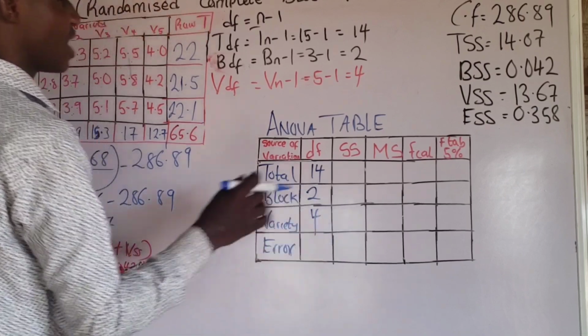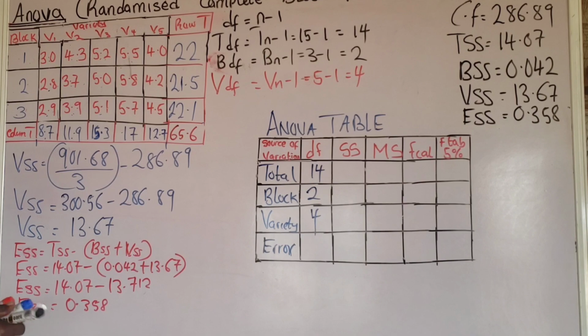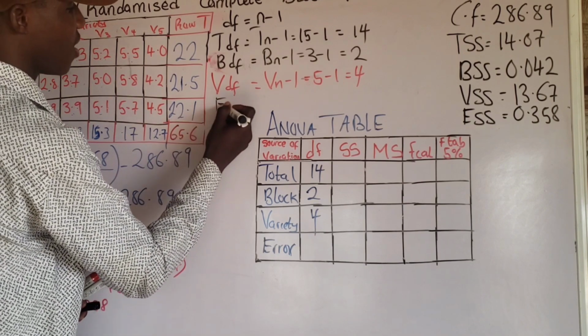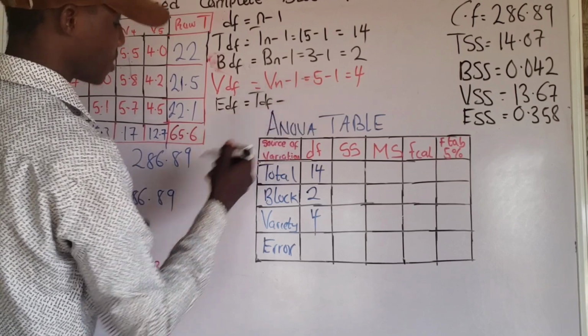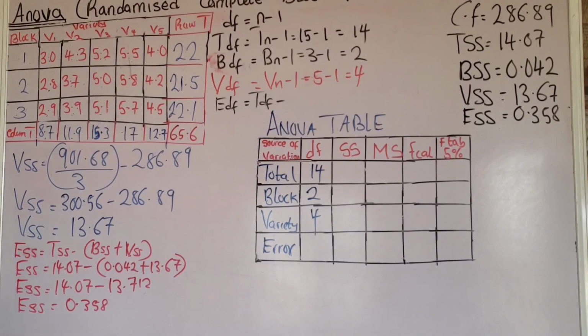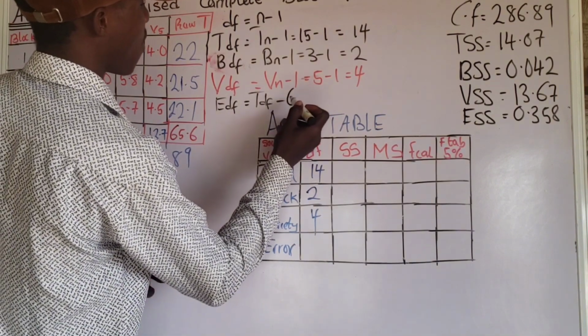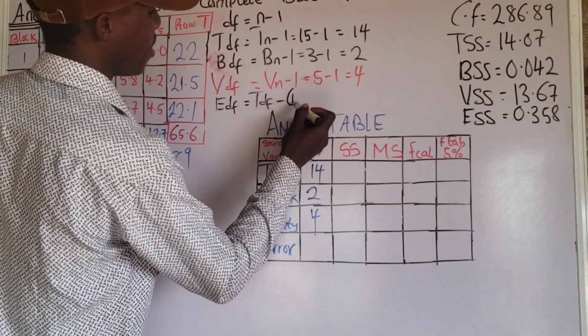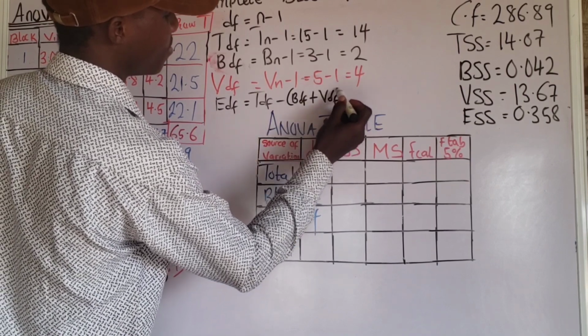Now how do we get the error degree of freedom? You just have to use this formula. Error degree of freedom is equal to the total degree of freedom minus the sum of the block degree of freedom and the variety degree of freedom.